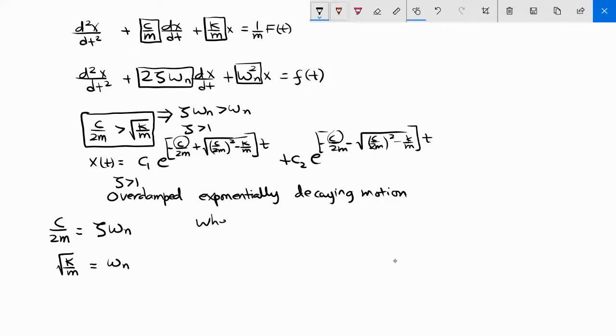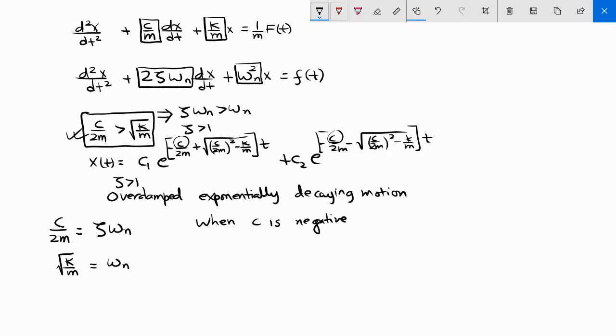When c is negative, this condition c divided by 2m is greater than square root of k over m will flip, and instead of c we will get a negative c. You can convince yourself of this if you again go back to the equation for the eigenvalues of the oscillating system, and then you will realize this to be the case.